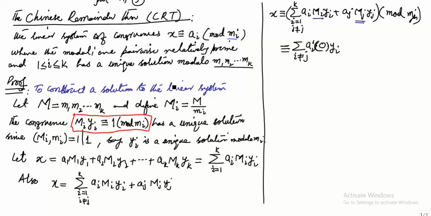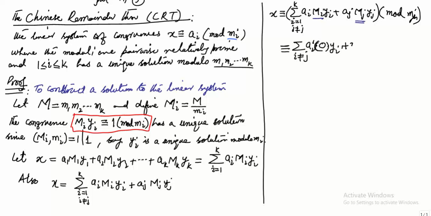We have removed mi from here, so the ith term has been removed but not the jth, where i is not equal to j. It means the remainder must be 0, because every mi when i is not equal to j has a factor mj. So that's why the remainder is 0 here.